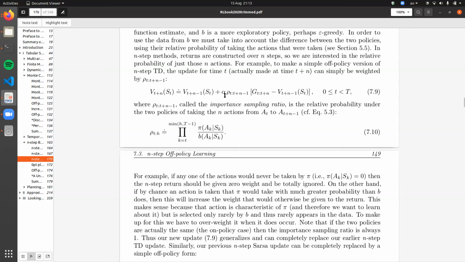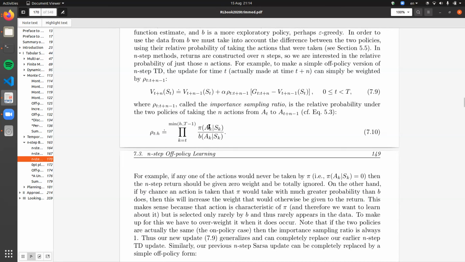So we will weight our updates by the ratio of probabilities of action. Here you can see that we take a product from t to h, where h is our horizon, of the ratios of the probability of action k under the policy pi, which we want to learn, over the probability of action k under the policy b, which is our behavioral policy.